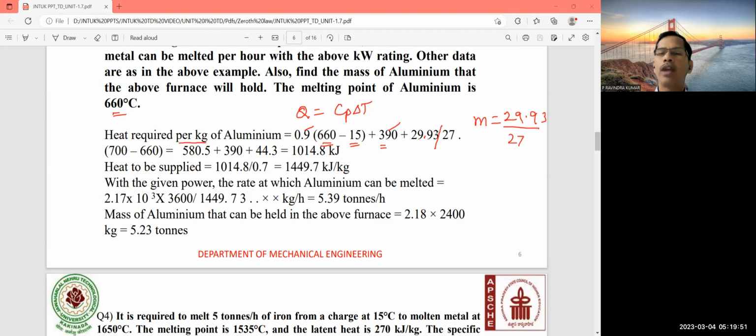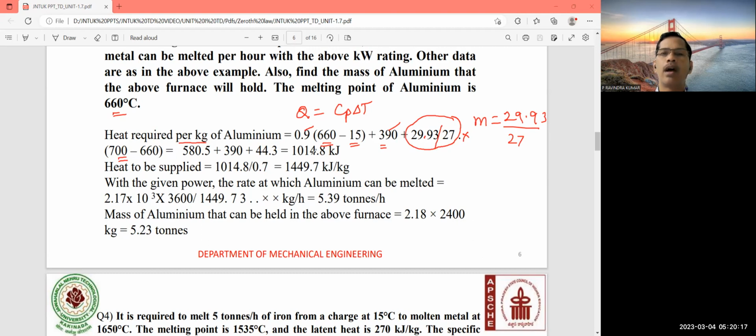This is what you have to observe, so you should be more careful about this point. 29.93 per atomic weight, that means the atomic weight is given as 27. Into temperature, that is from 700 minus 660.